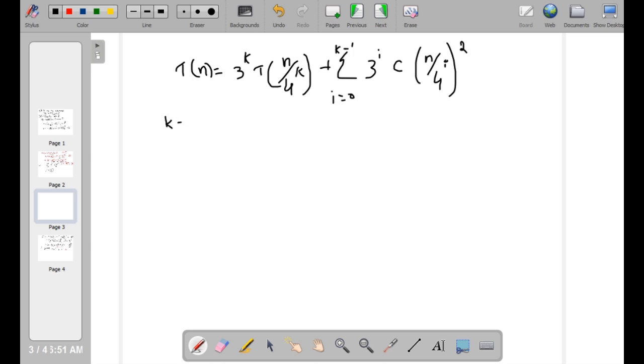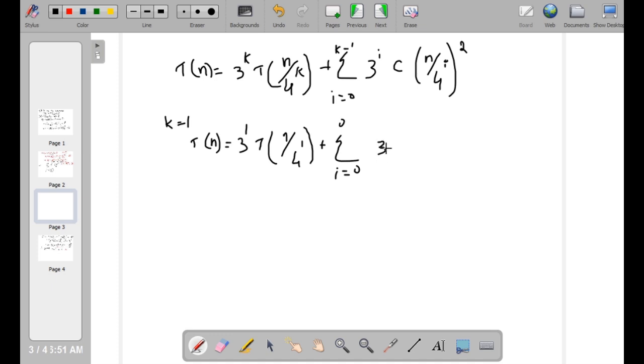When k equal to 1, we should get the first equation. Then what should happen? T of n equal to 3 raised to k, that is 3 raised to 1, T of n by 4 raised to 1, plus sigma i equal to 0 to k minus 1. K is 1, so k minus 1 is 0, 0 to 0, only one term.